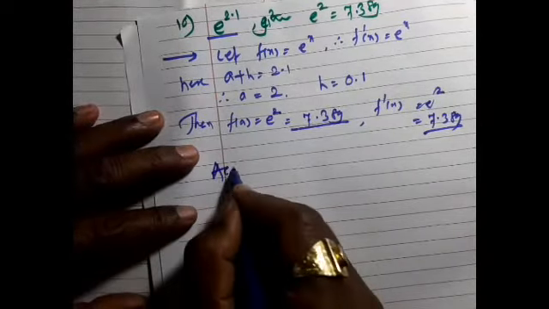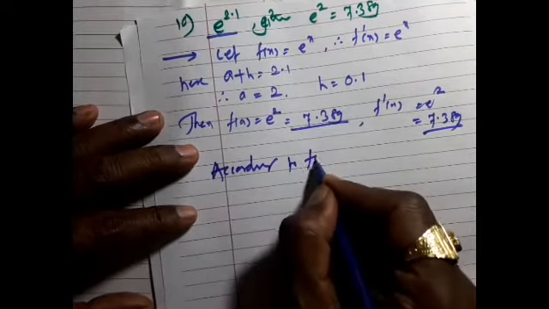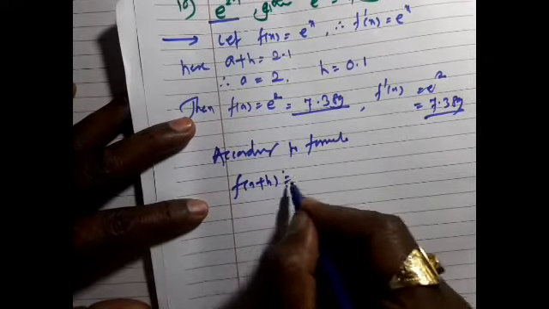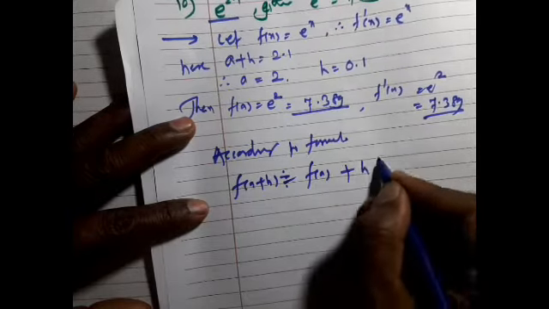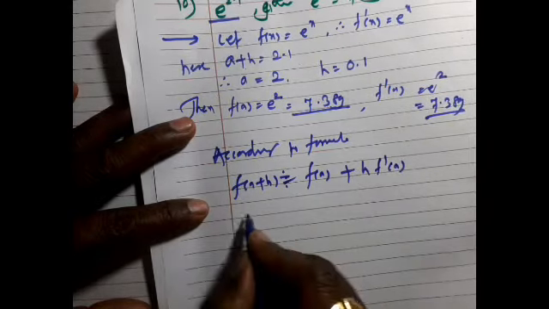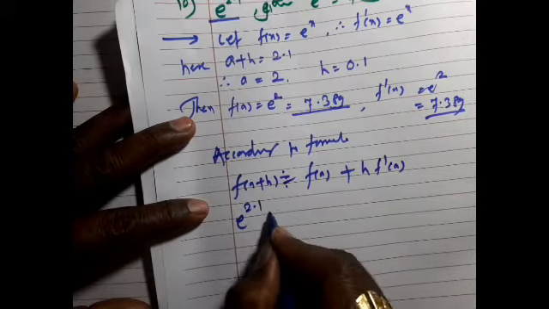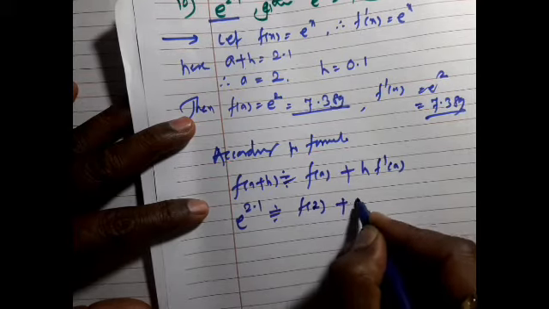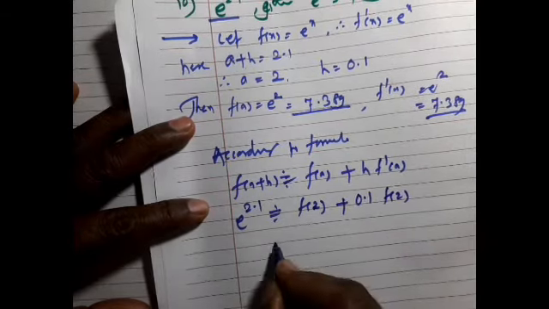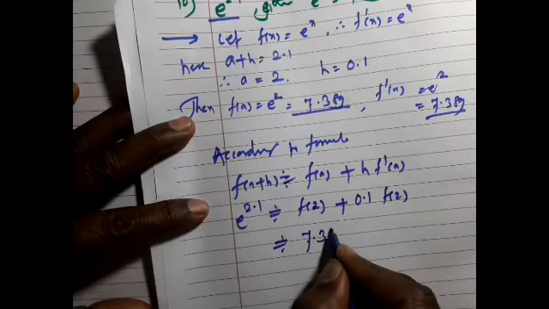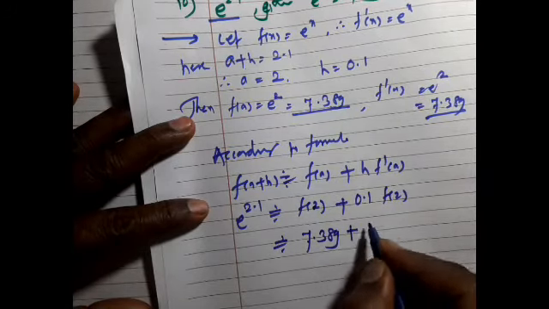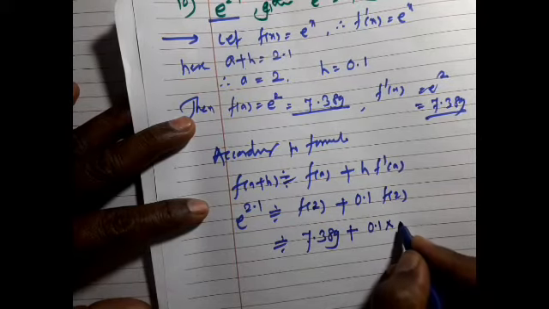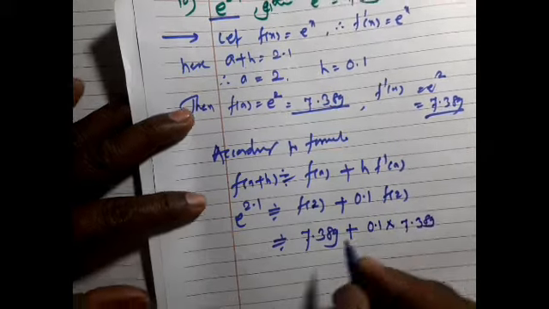Now according to this formula, f of a plus h is approximately equal to f of a plus h f dash a, that is e raised to 2.1 is f of 2 plus h, 0.1, into f dash of 2, that is nothing but 7.389 plus 0.1 into 7.389.